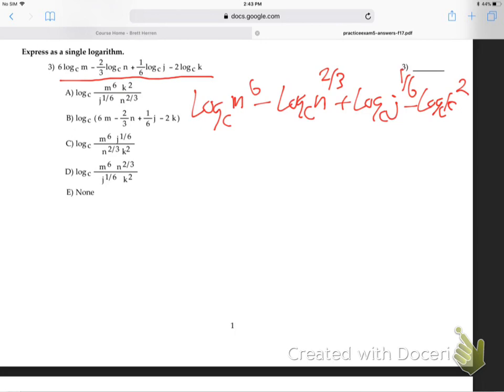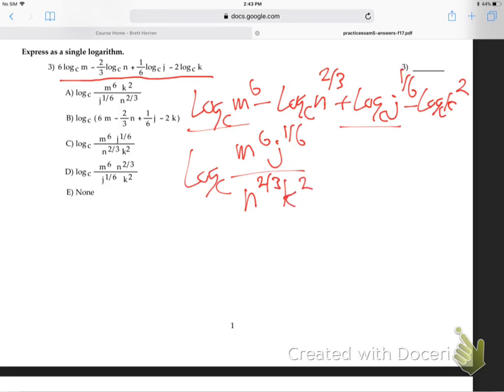Okay, now what do you do from here? Well, added things go in the numerator, subtracted things go into the denominator. So this will be log base c. What do we got? This is an m here, it's kind of scribbly. m to the 6th, and this is j to the 1/6. They both go on the top because they're both positive, and the 2 negative ones, n to the 2/3 and k squared, go in the denominator.